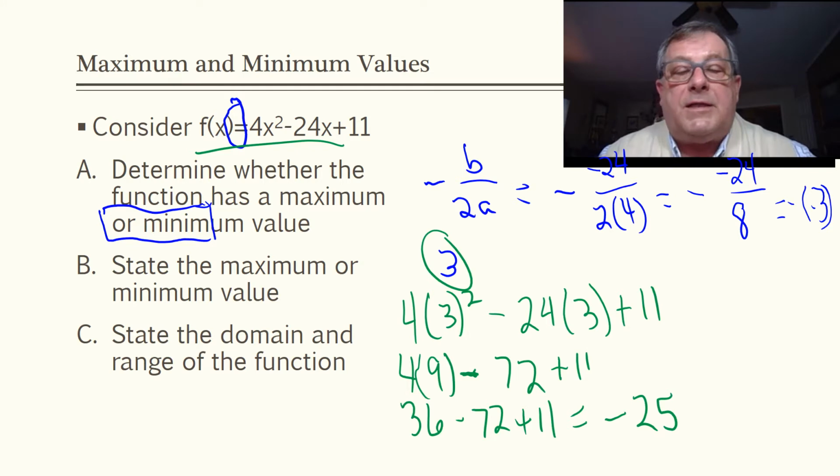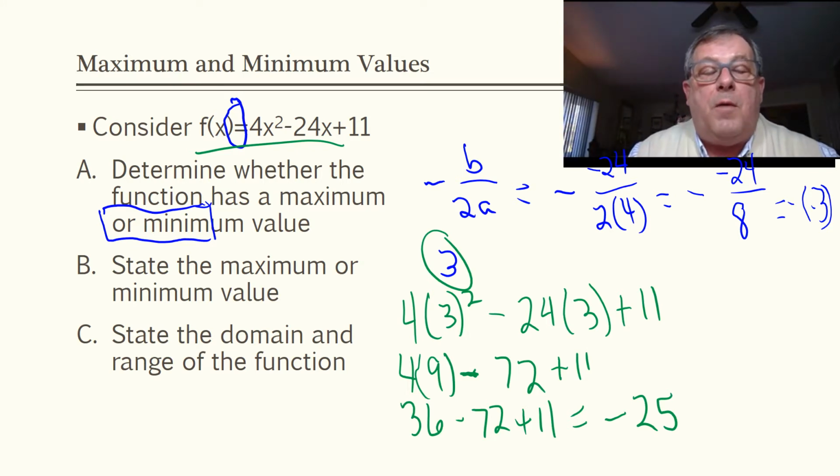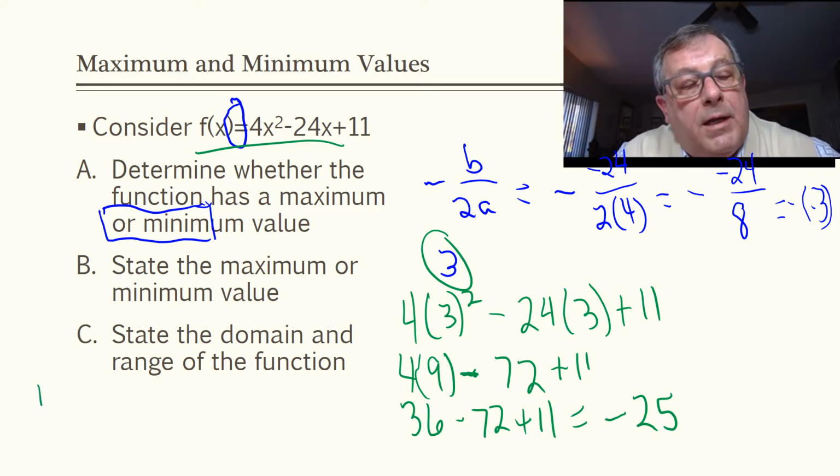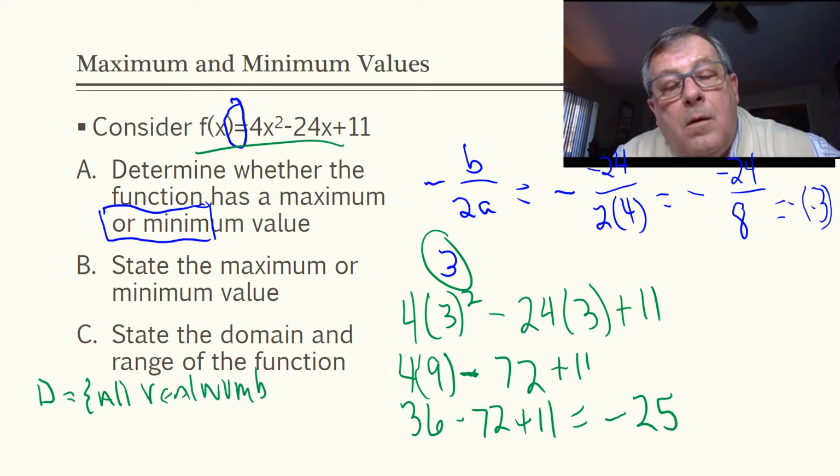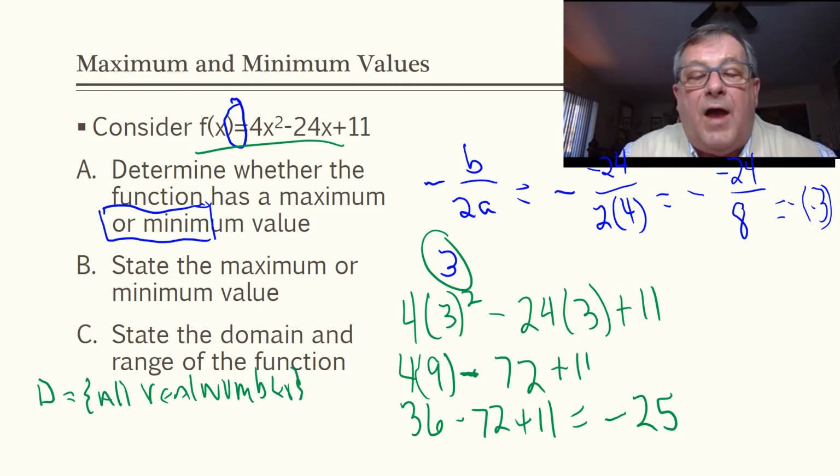Now, the third part of this is we're asked to state the domain and the range. Well, my domain is going to be equal to all real numbers. But this minimum value for the y is defining what my range is going to be.